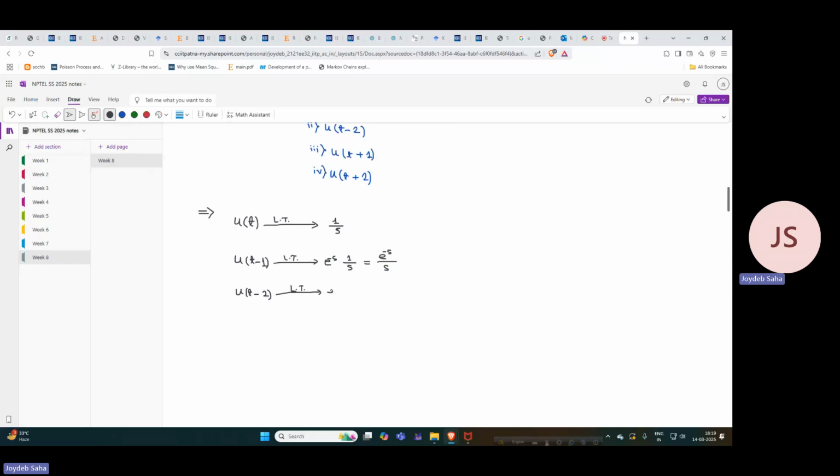Its Laplace transform is e to the power minus 2s multiplied with 1 upon s, which is equal to e to the power minus 2s upon s.